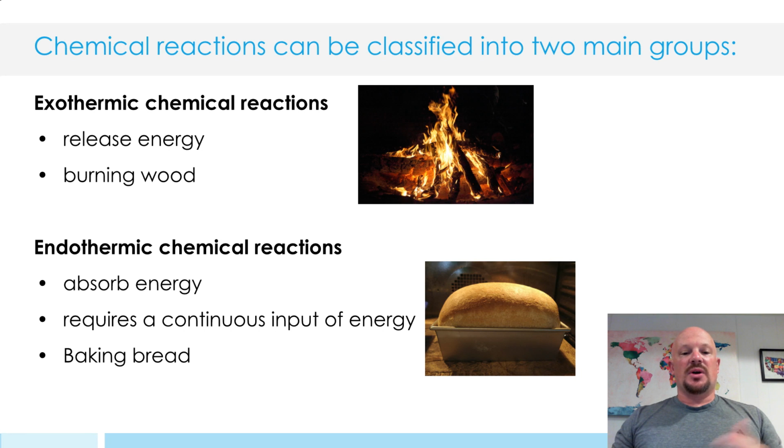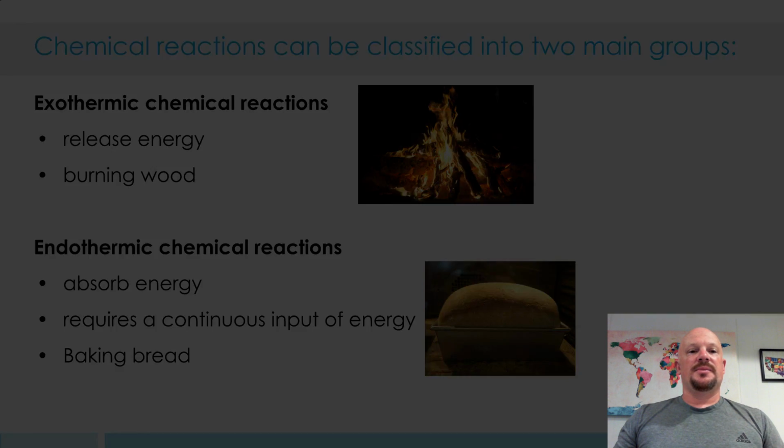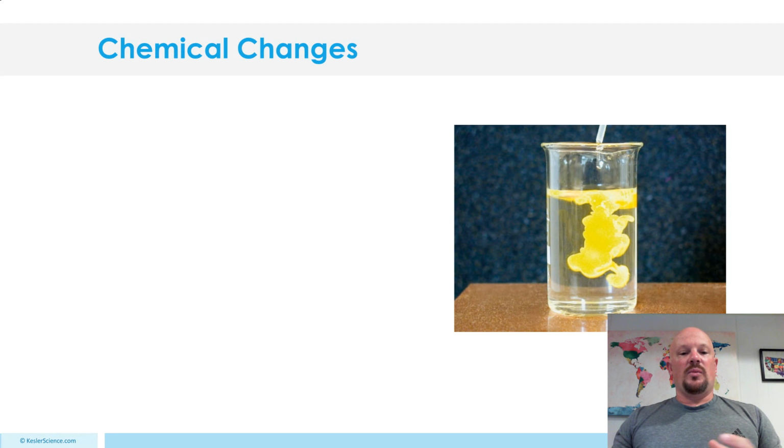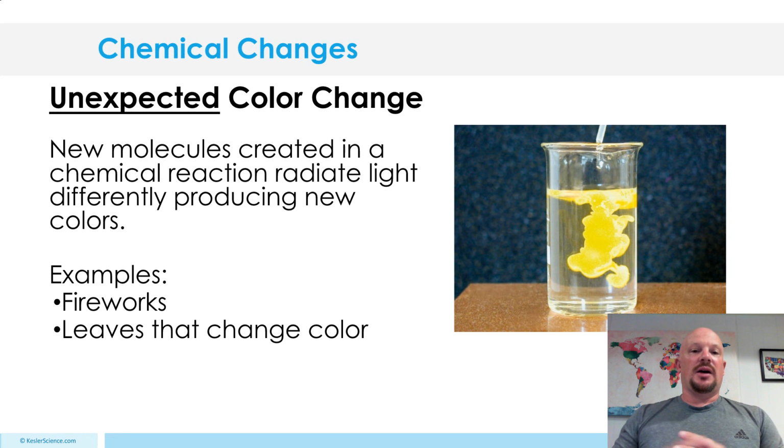And so the question comes up, what changes can occur in a chemical change? Let's look at some of the signs that can happen in a chemical change. First, we could get an unexpected color change. The unexpected is the key word here. New molecules created in the chemical reaction radiate light differently to produce new colors. This isn't simply adding food coloring to something, it's really the reaction that happens.